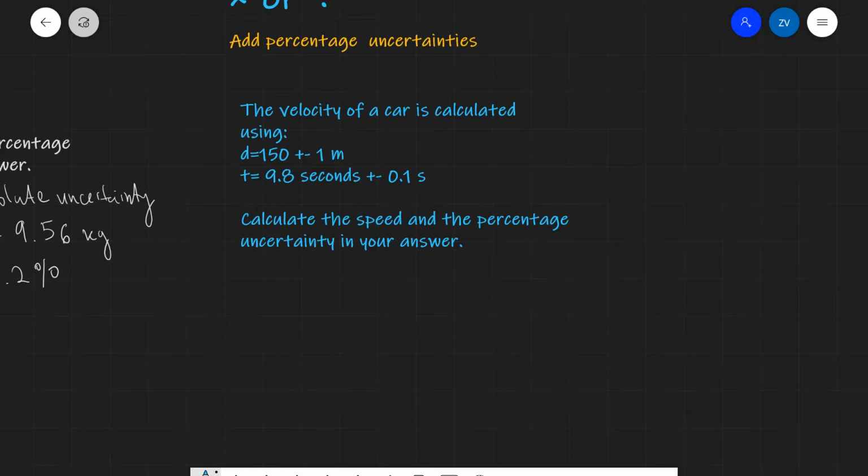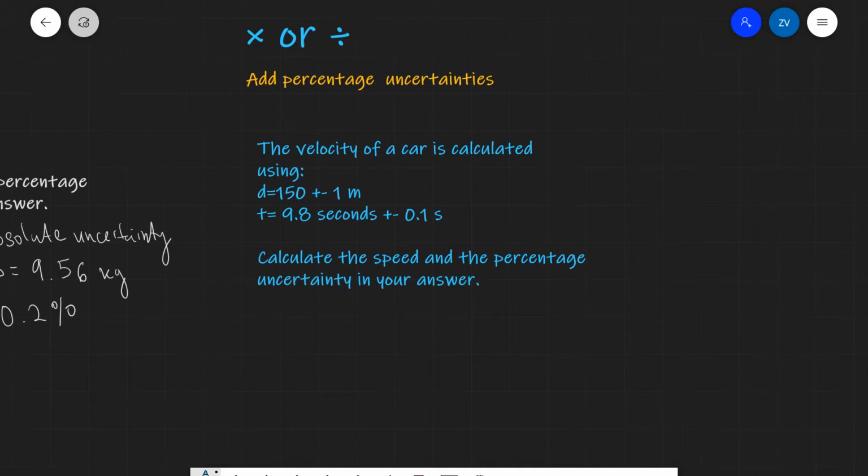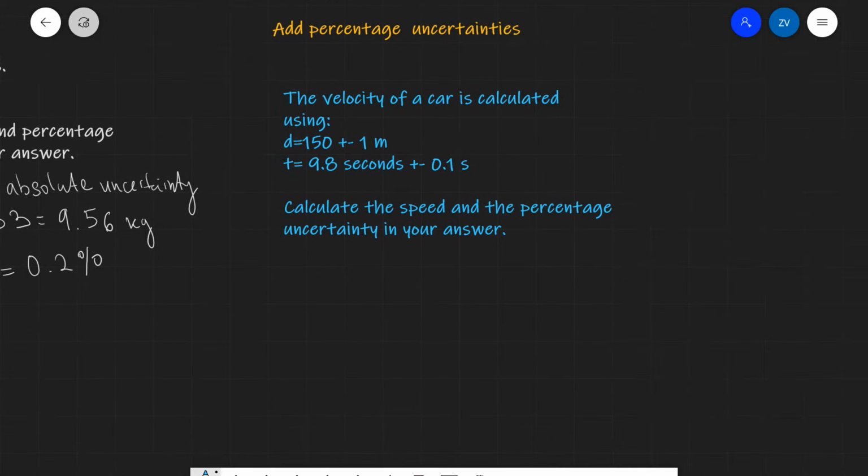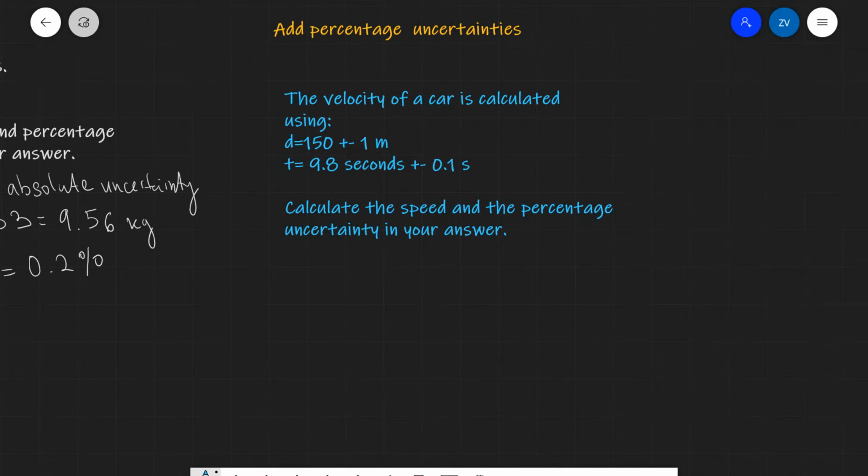We know that the displacement d is 150 plus or minus 1 meters, and the time is 9.8 seconds plus or minus 0.1 second. Now, because we are calculating our speed by dividing the two quantities, we must add the percentage uncertainties.